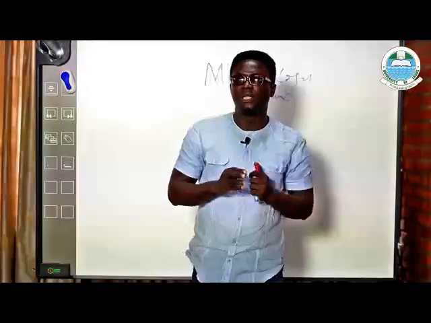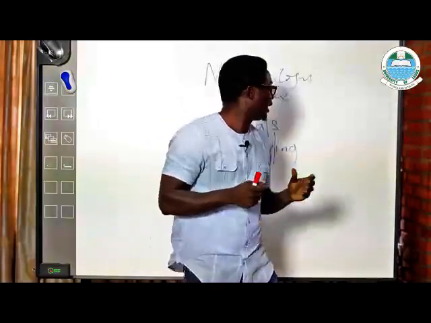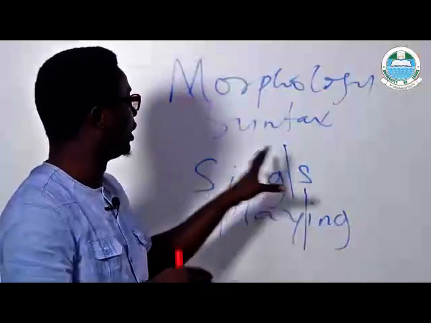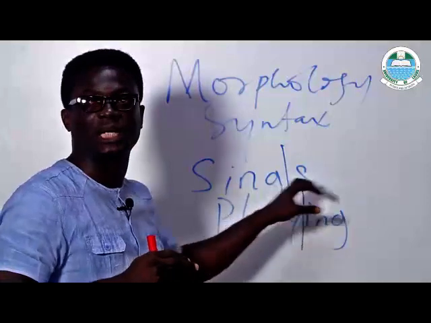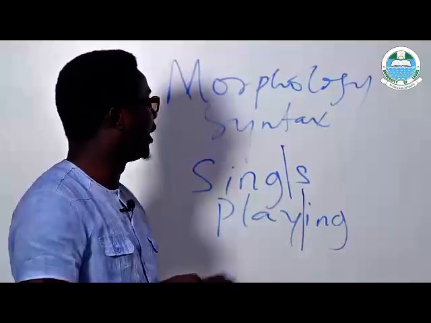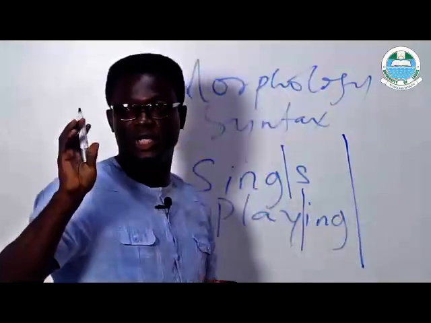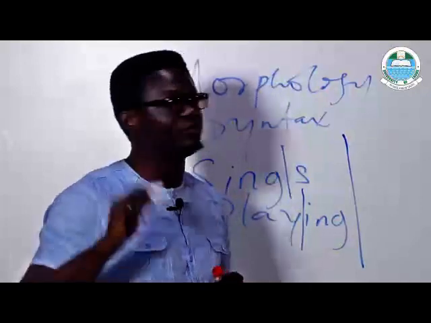Now, what are the units in the grammatical hierarchy of English? Some of them will already be obvious, because I've been talking about a word like sings having two parts. But we're going to list them from the first to the fifth. There are actually five of them.